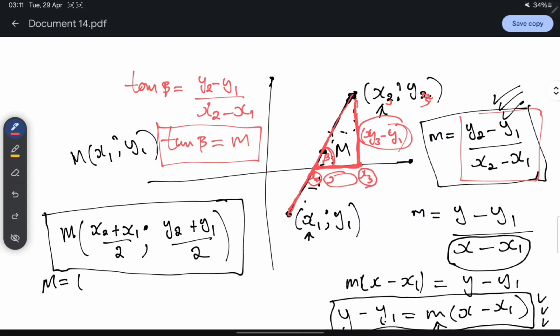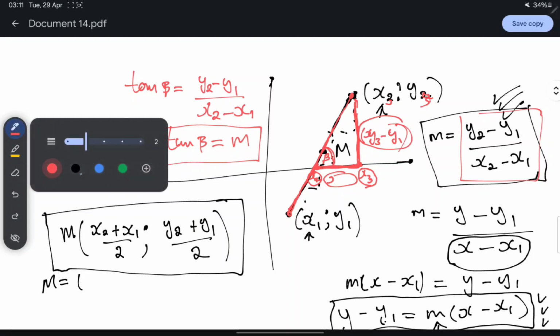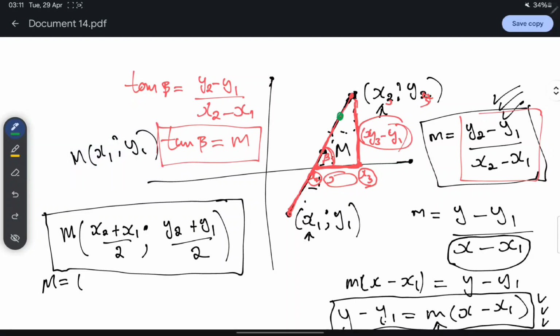We are saying points are collinear if they are points that lie on the same straight line, which means if I am having a point here, another point here, another point here, maybe this is point A, B, C. We say points A, B, and C are collinear points because they lie in the same line, which means the line here is having the same gradient throughout.